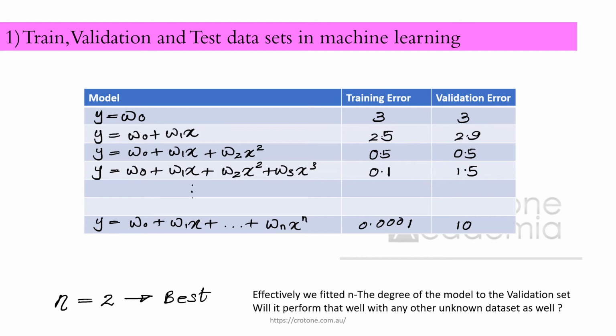So the degree of the polynomial can fit to our validation dataset. Because of this, though we say we get the smallest error for the second degree polynomial, which is 0.5, that error won't represent the true error if we take a totally random new data set.